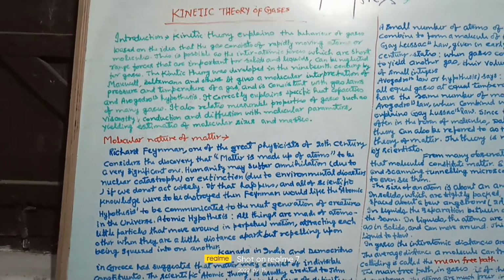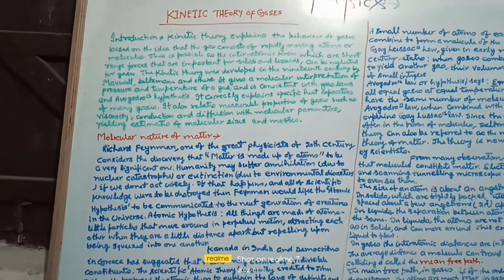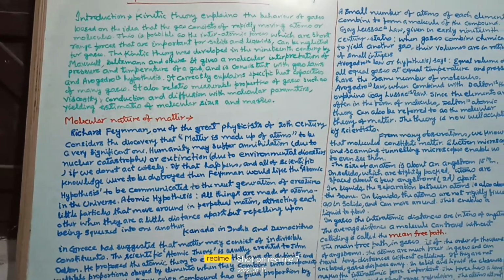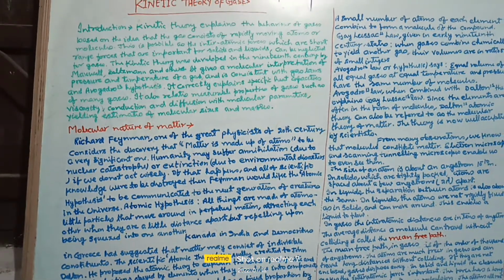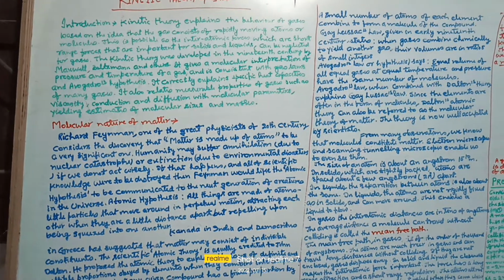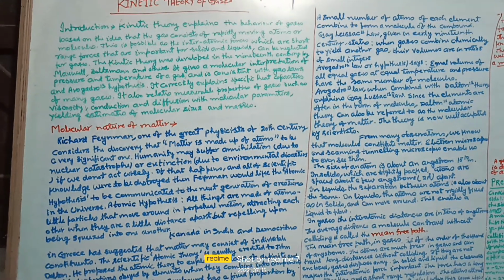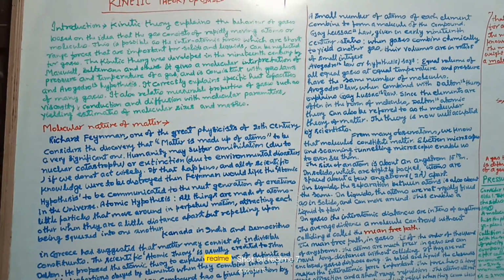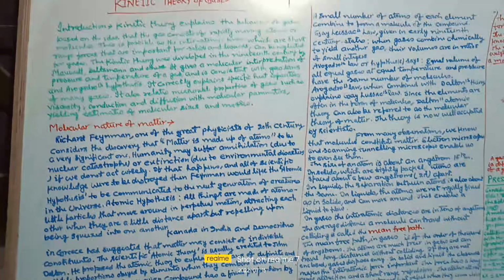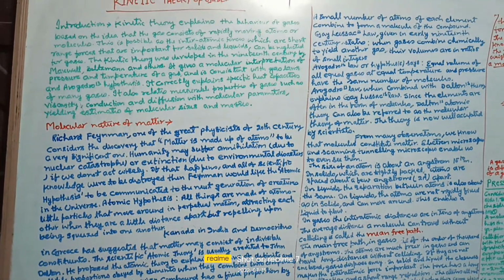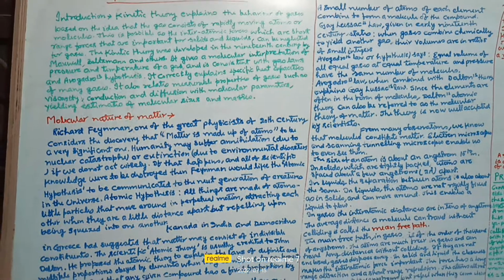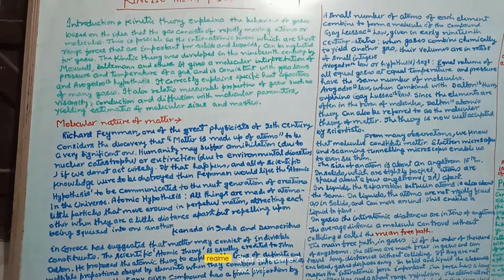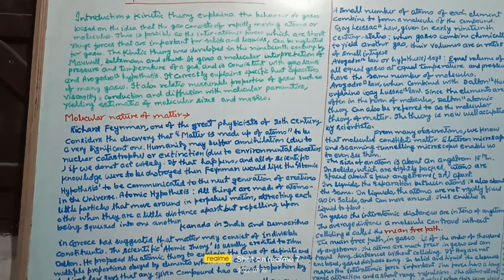Now, the molecular nature of matter. Matter is made of atoms. An atom is made of even smaller particles like neutrinos, etc. All things are made of atoms, little particles that are in perpetual motion, attracting each other when they are a little distance apart, but repelling upon being squeezed into one another.